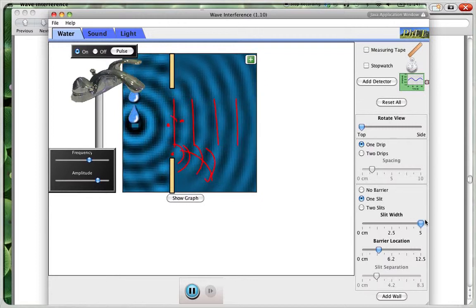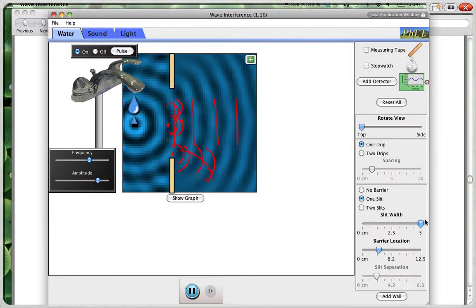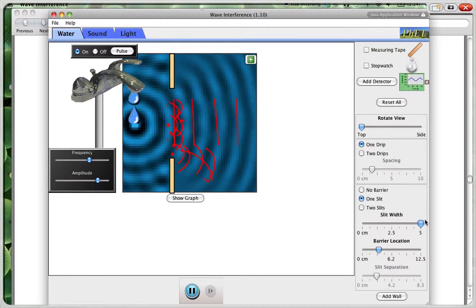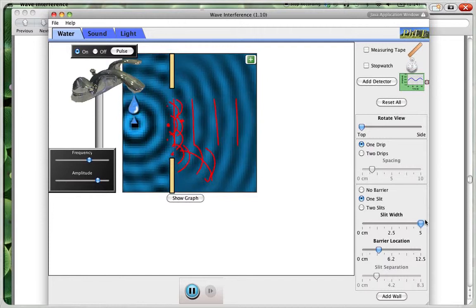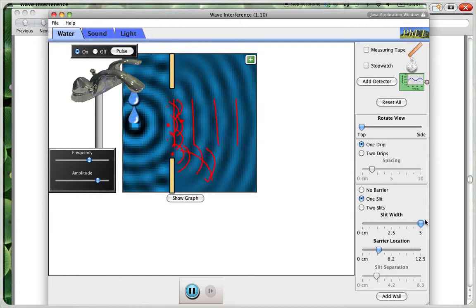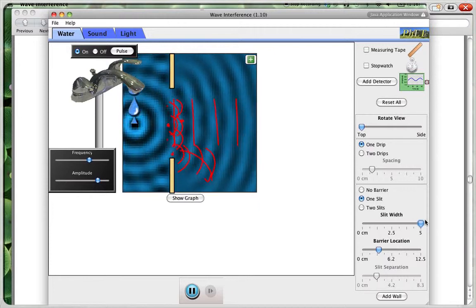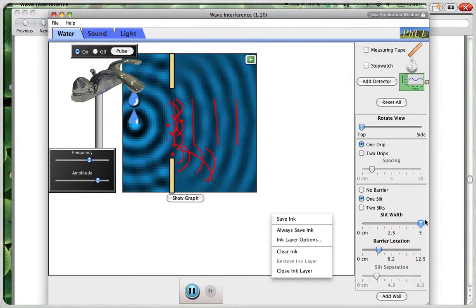These ones over here have got points on either side, which cancel out the sideways movement and just lead to the wave fronts going out. You don't need to go into too much detail about that, but you need to understand what diffraction is, the bending of waves around some sort of barrier.